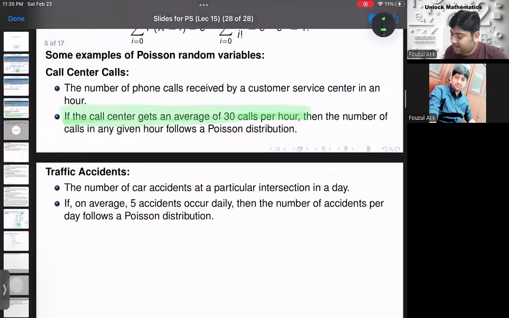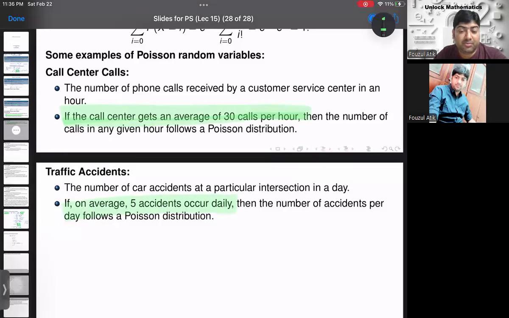The number of car accidents at a particular intersection in a day. Somehow we know that on average 5 accidents occur daily at some junction point. Then the number of accidents per day follows a Poisson distribution. Why? Again, we somehow know the average value.